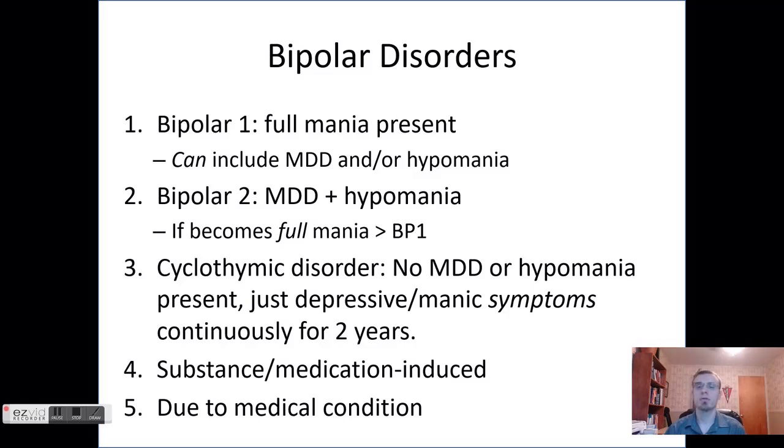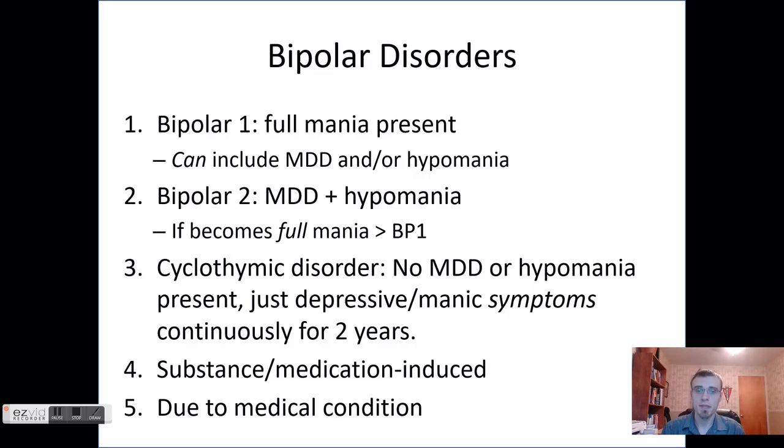This can include a major depressive disorder or hypomania, but what's most important is that if full mania occurs, that's bipolar 1. Bipolar 2 occurs if there is both a major depressive disorder and hypomania occurring.